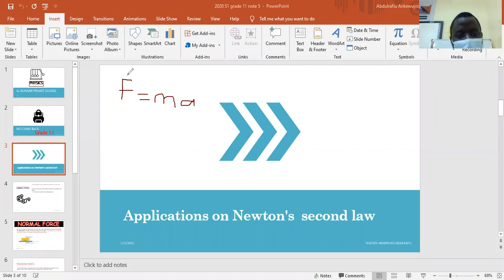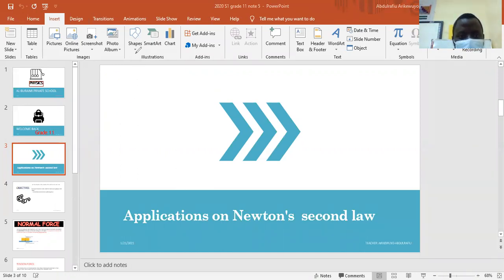So it is important to talk about the different kinds of forces that we have, since Newton's second law is talking more about the relationship between force and acceleration.